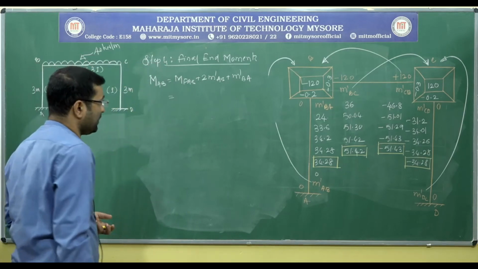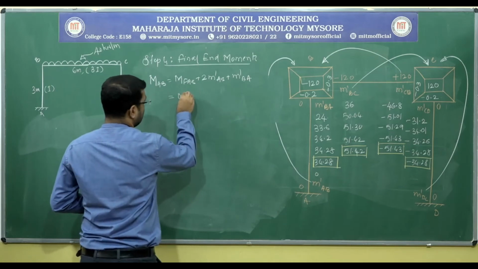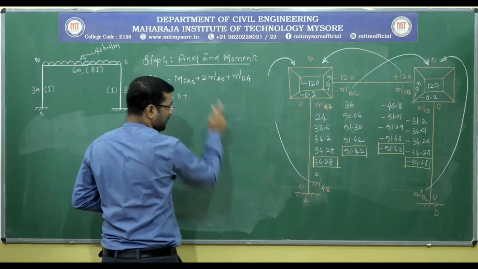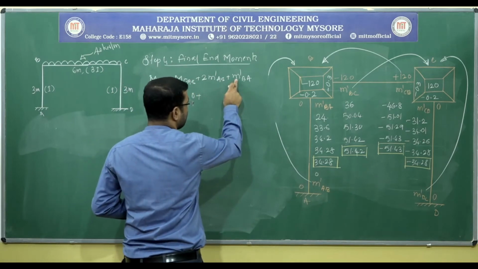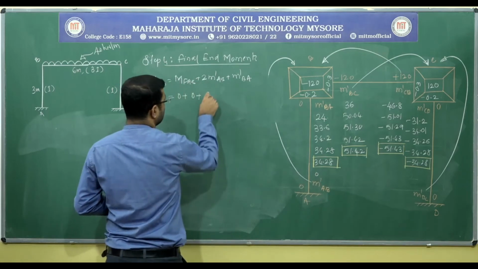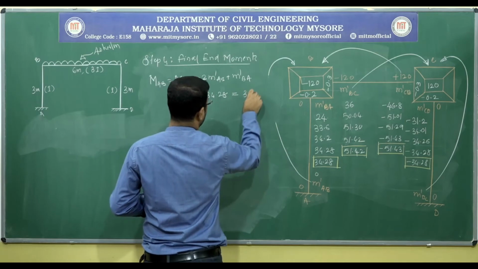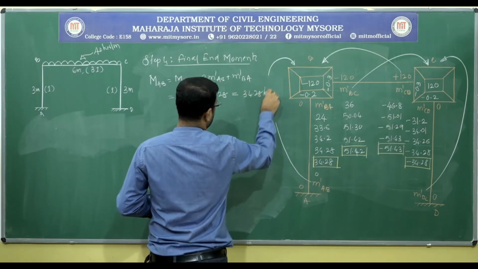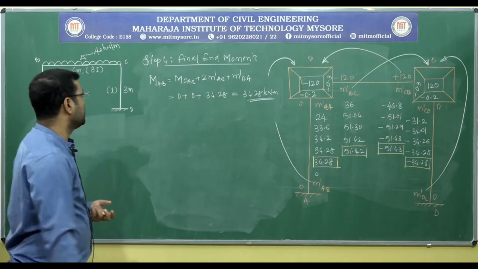Here you can see MFAB is 0 plus M dash AB is also 0 plus M dash BA. M dash BA as per our calculation is 34.28. So 34.28 kilonewton meter is the final end moment.